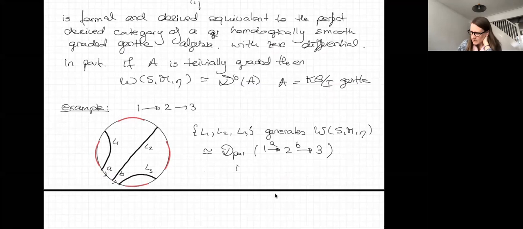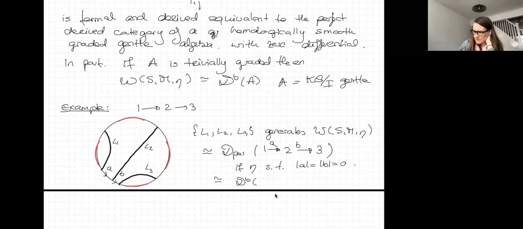So if we have a line field eta such that the degree of A is equal to the degree of B is 0, then this is of course the category we saw earlier. And now what are the remaining Lagrangians or homotopy classes of that?